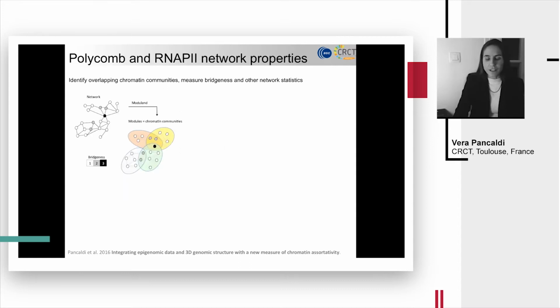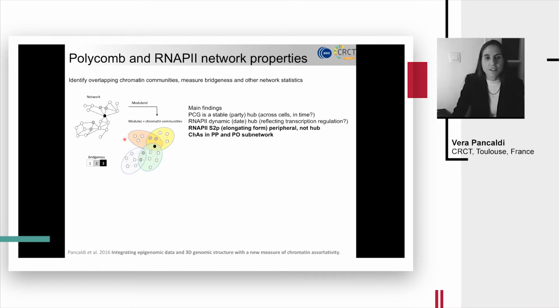So this was the beginning of the paper, and then the second part of the paper was actually presenting an analysis of network properties of the chromatin network by separating the nodes that were either occupied by polycomb or by polymerase II features. So we did a sort of community detection analysis of the network.